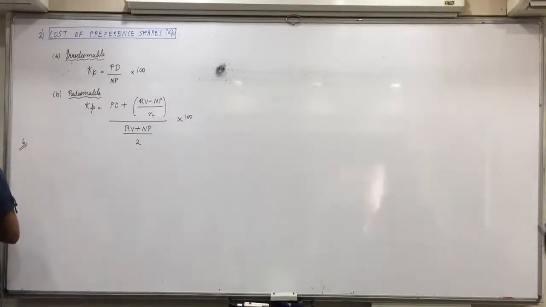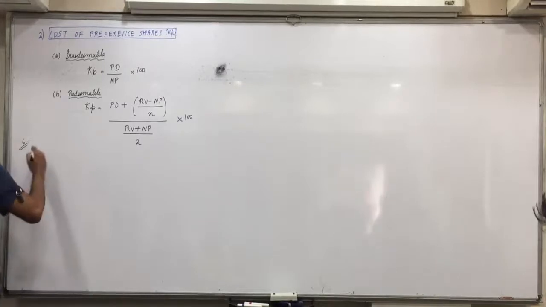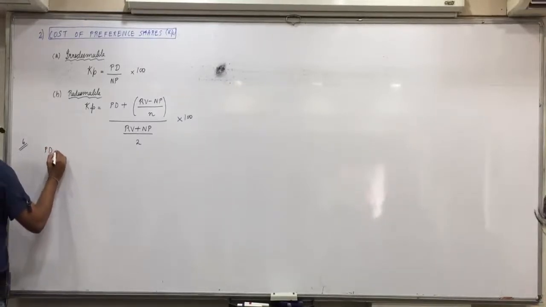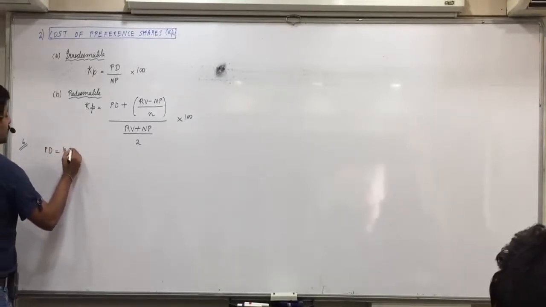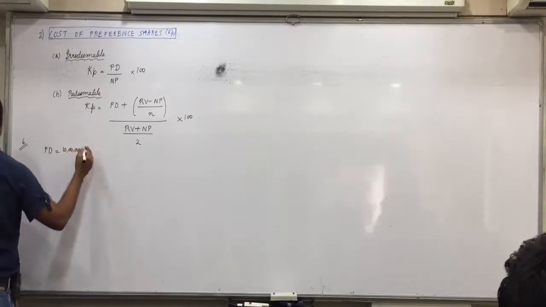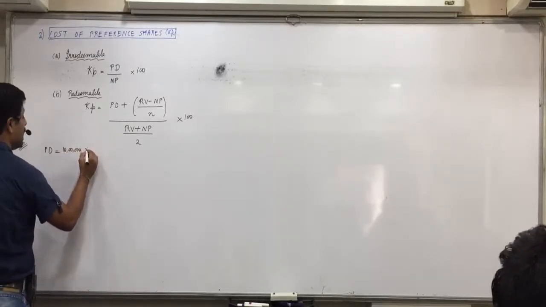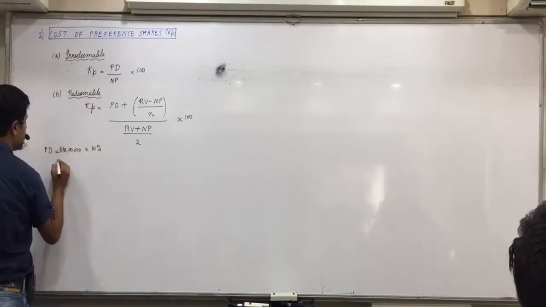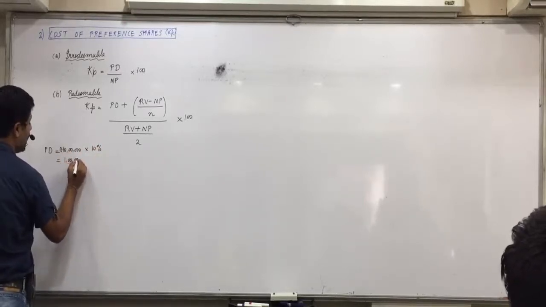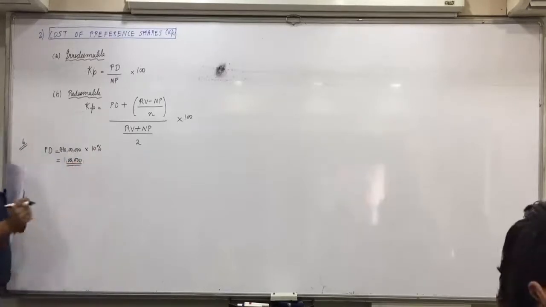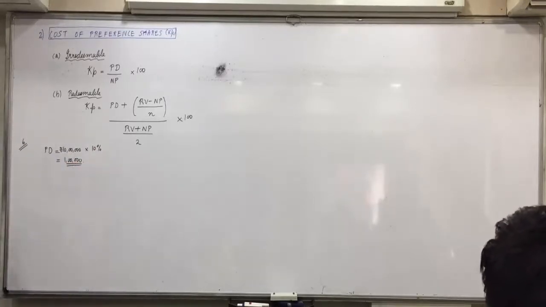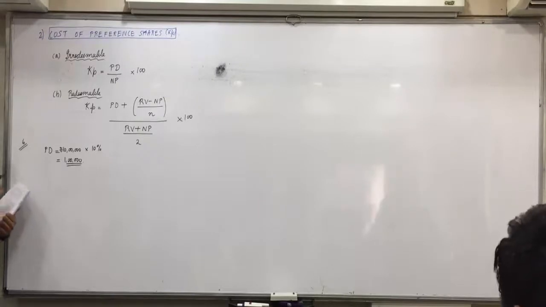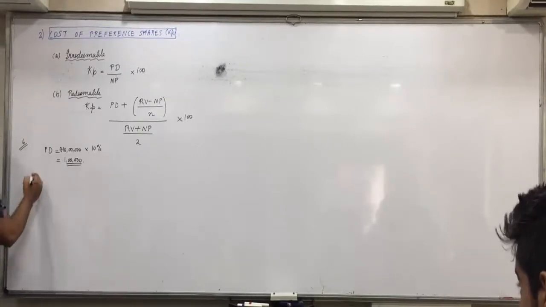First of all, the common things we will write. Preference dividend: 10,000 shares of 100 each, 10 lakhs, into 10%. So preference dividend is 1 lakh. Understood that, everyone? This is common everywhere.